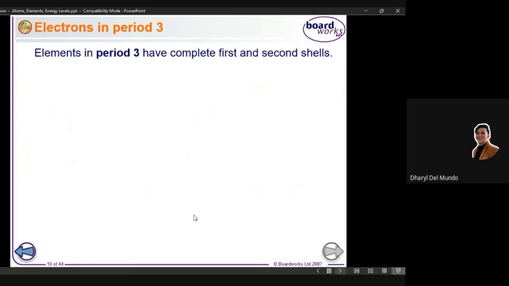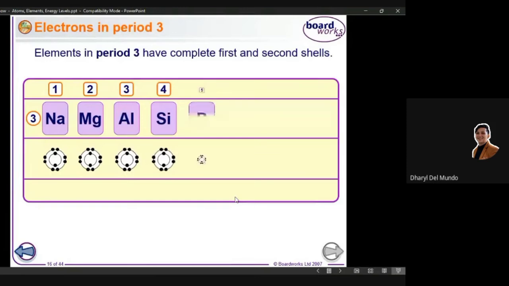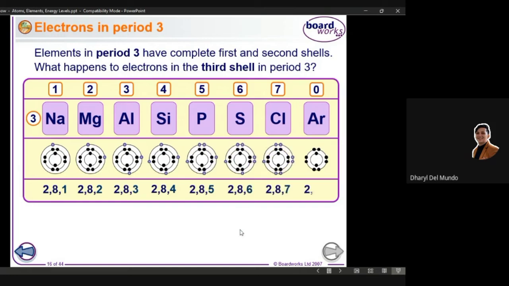Okay, let's look at period 3. The period 3 atoms have completed the first and second shells. Look at this one: sodium, magnesium, aluminum, silicon, phosphorus, sulfur, chlorine, and argon. So what happens to the electrons on the third shell in period 3? Since our second energy level is full already, this is what it looks like. See?